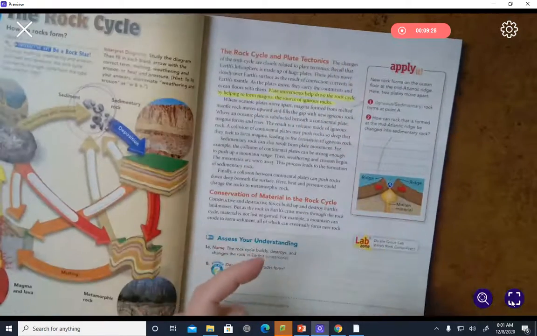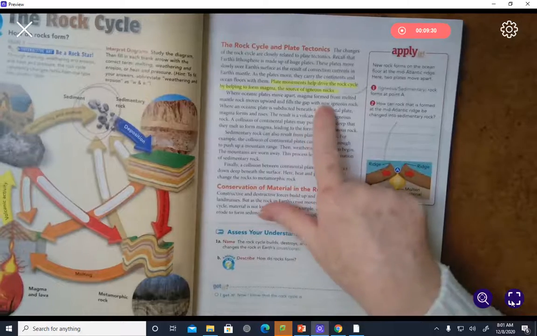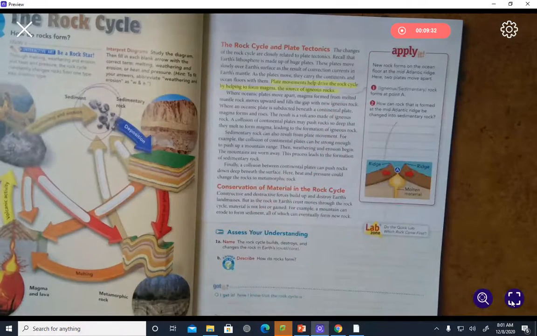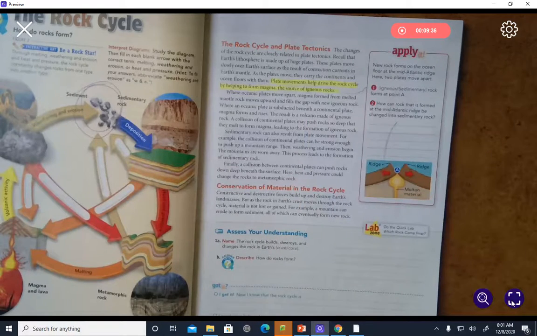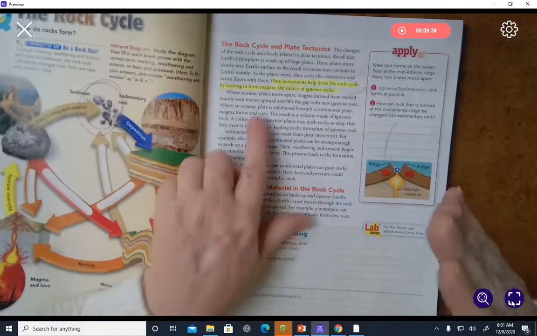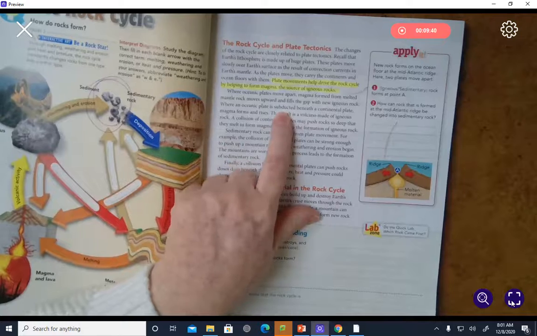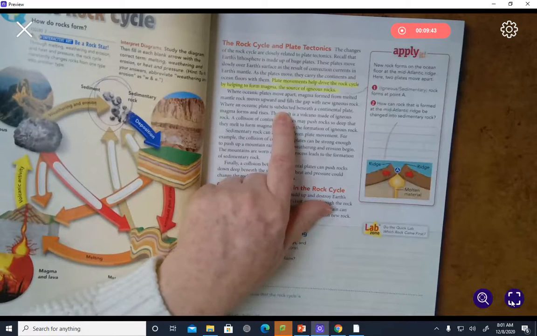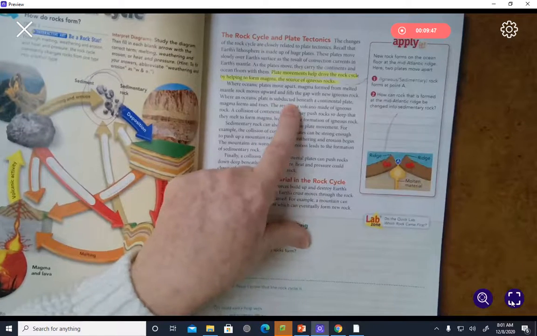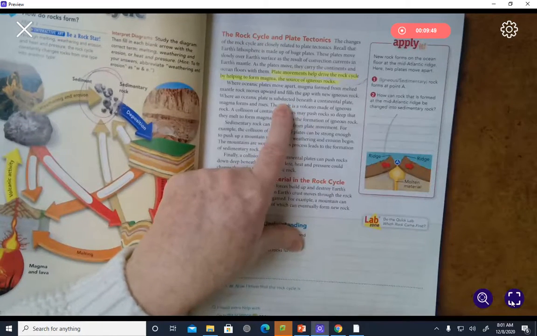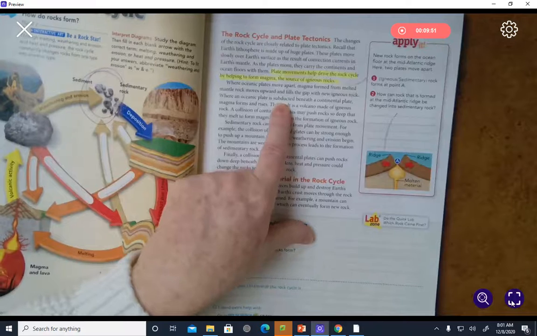Where ocean plates move apart, magma formed from melted mantle rock moves upward and fills the gap with new igneous rock. Where an ocean plate is subducted. Well, let's think about that word right there. That's a pretty big word. But I was wondering if you could guess whether subducted meant going down under something or up over something.